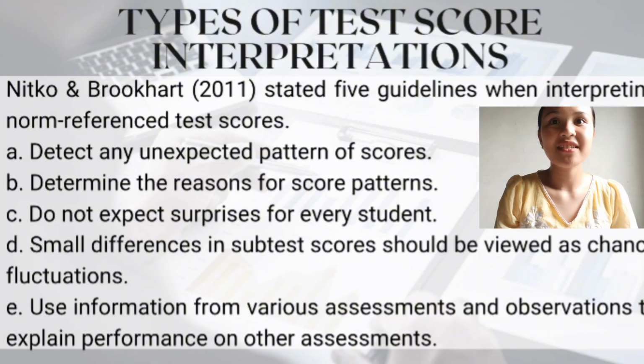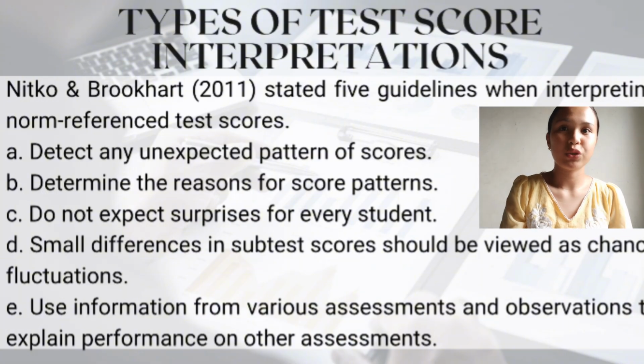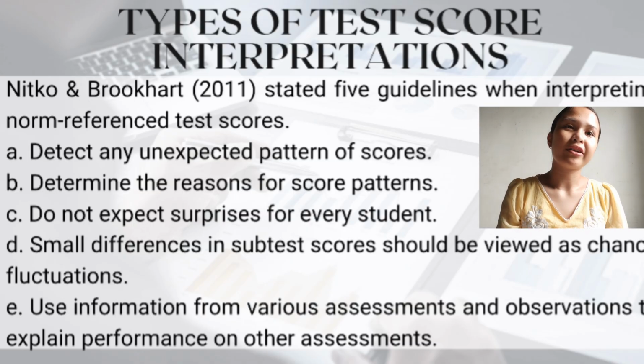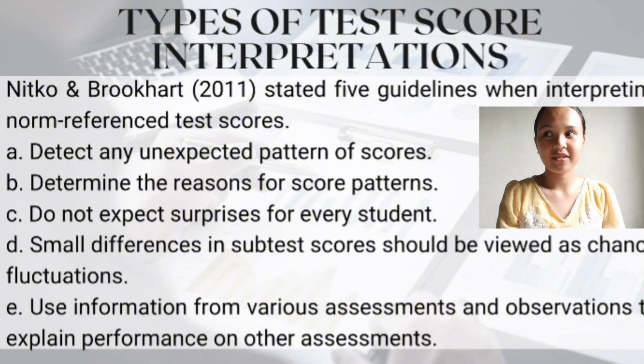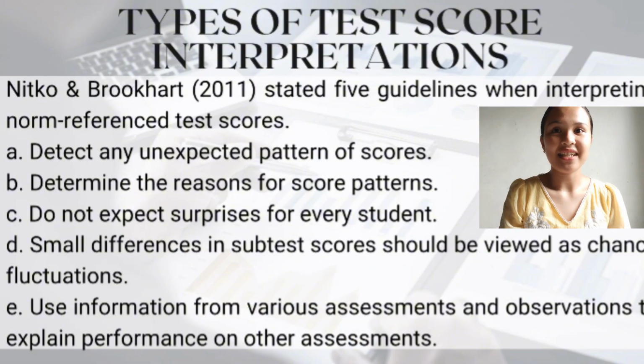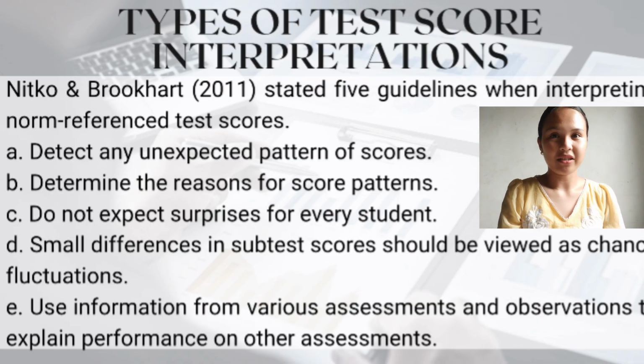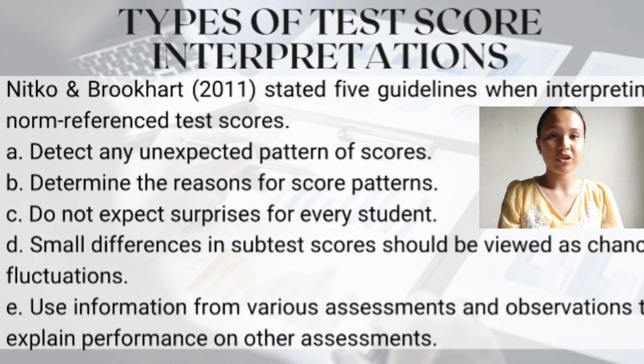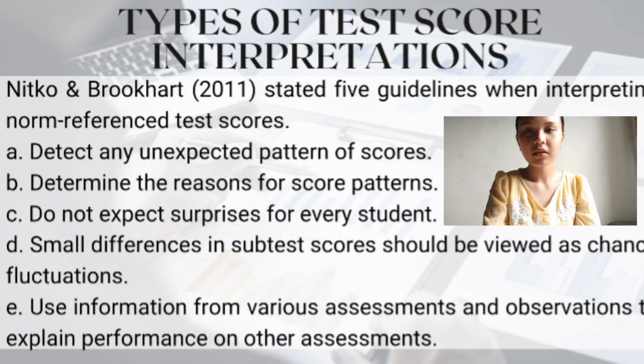The first one is detect any unexpected pattern of scores. This means be on the lookout for unusual or especially extreme scores. And the second one is determine the reasons for score patterns. There is a reason for the performance in one or more subjects of the students.